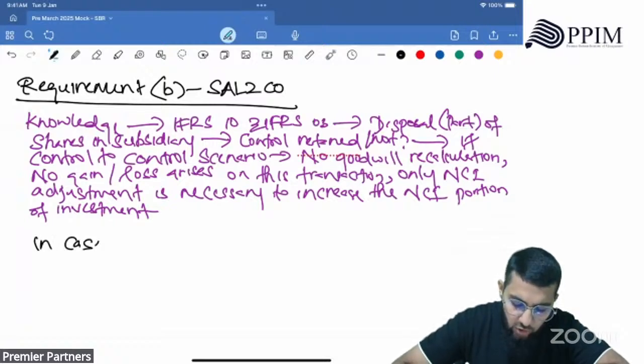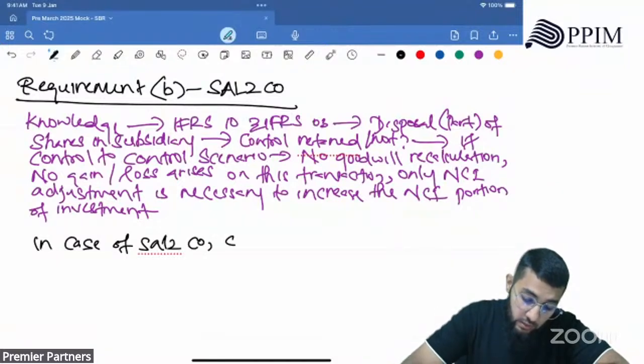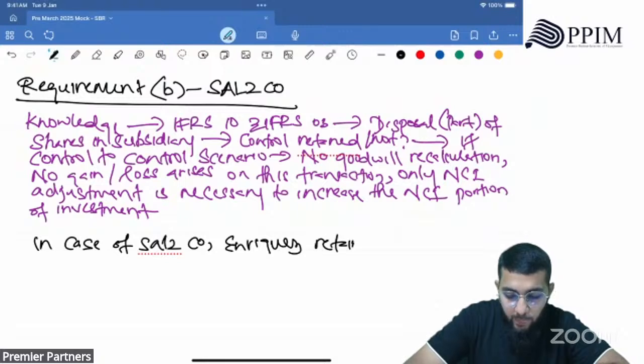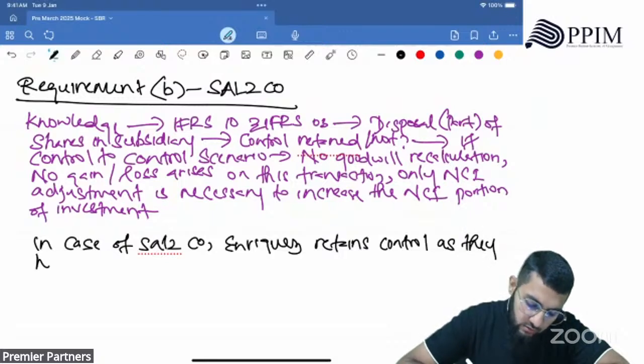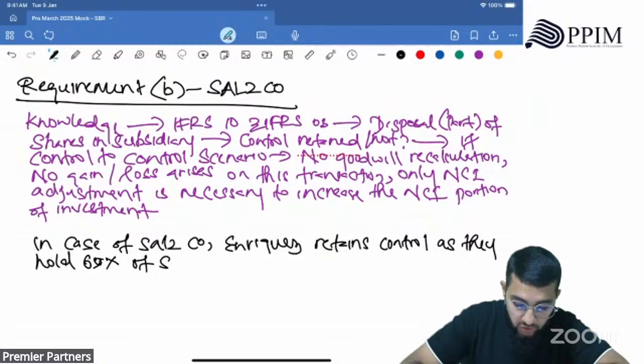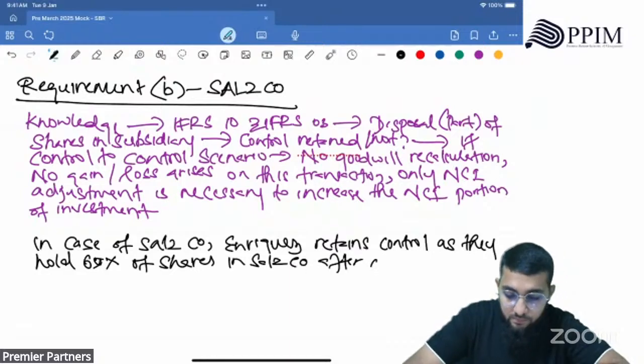In the case of Salesco, Enriquez retains control as they hold 65% of shares in Salesco after disposal.